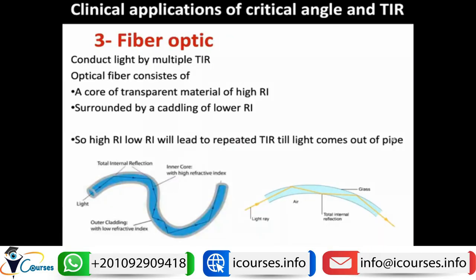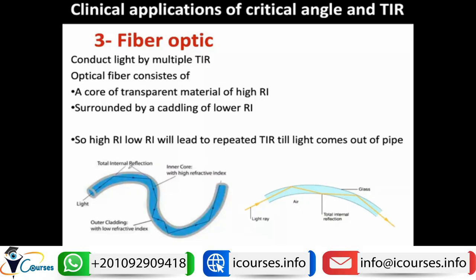Another example for the critical angle and total internal reflection is the fiber optic. So how do fiber optics work? Fiber optics can transmit light, and this light can bend along the fiber optic. So it can be coiled, and the light can still pass through it, and we can illuminate different structures using the fiber optic. This can be done by the principle of total internal reflection and the critical angle.